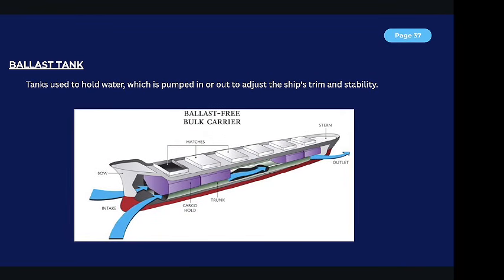So next that we have is what we call the ballast tank. These tanks are used to hold water, which is pumped in or out to adjust the ship's trim and stability.